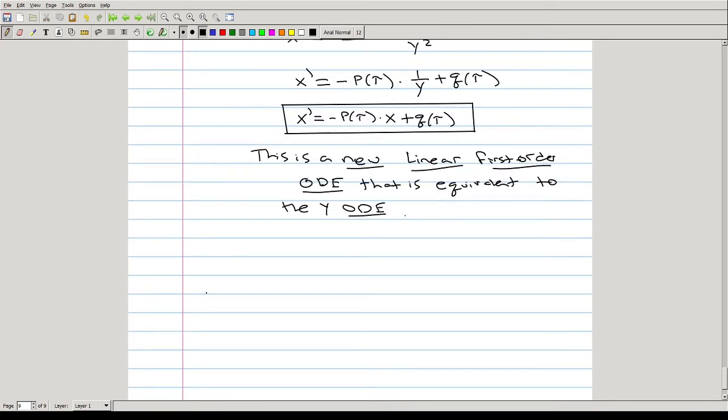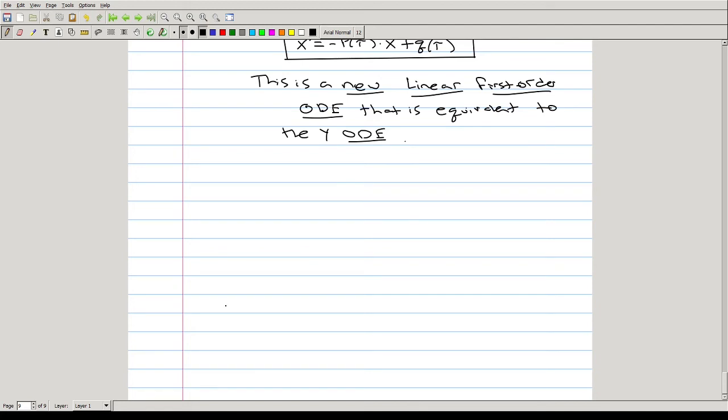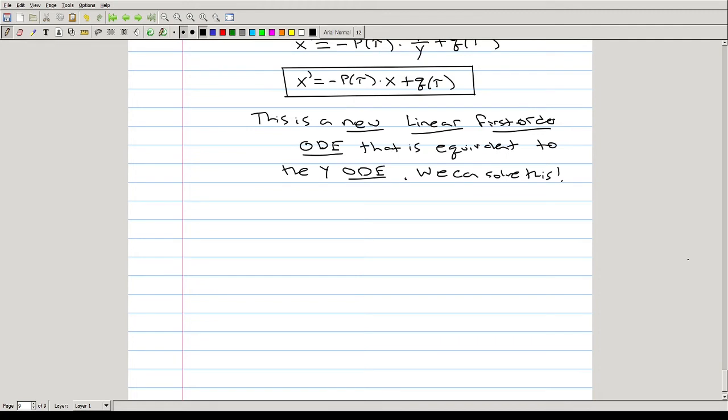Because now we can solve this. We have that nice formula from our previous lecture that essentially gives us directly, under certain suitable conditions, a direct formula for x of tau.